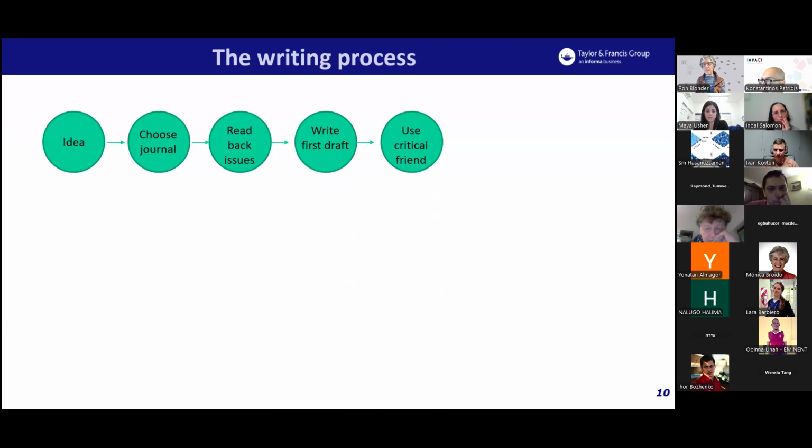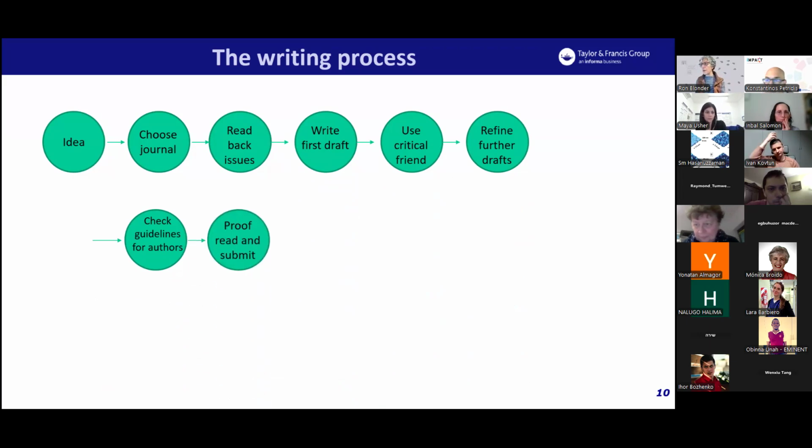You trust this one, and you correct, refine the draft, and you read it again, and you refine the draft. Then you check the guidelines of the journal, and you adapt the draft according to the journal guidelines. You read it again, you see that there are no mistakes, and you submit it to the journal.